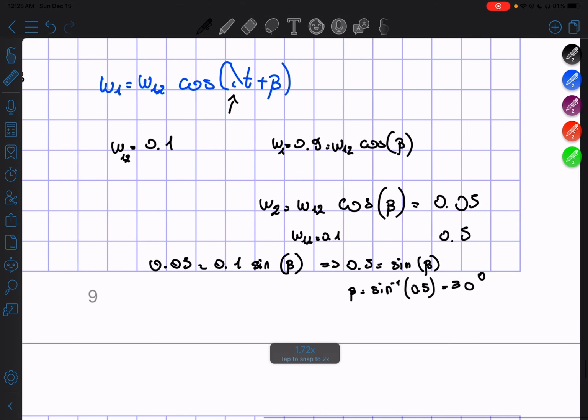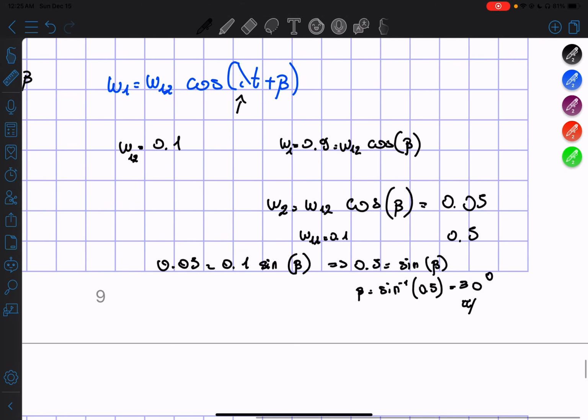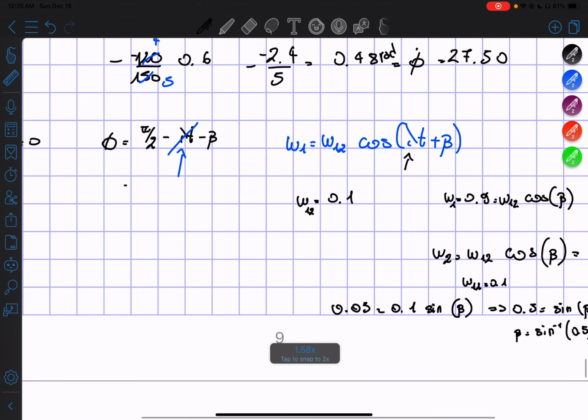Or was it pi over 6? Yes. Then I go back here, I have pi over 2 minus pi over 6, so I get pi over 3, which is equal to 60 degrees.